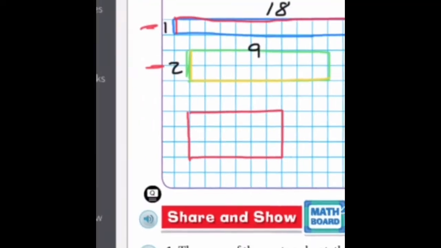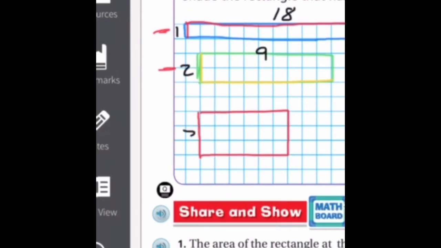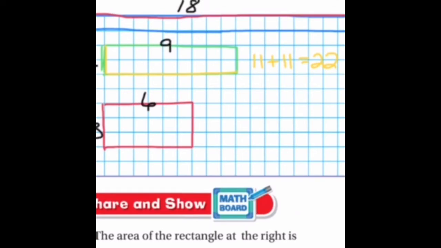There we go. I label it. A height of 3, a width of 6, and 3 times 6 is 18. I have 18 square units as my area. Now I need to check out my perimeter, and my perimeter is 3 plus 6. That gets me halfway around. 3 plus 6 is 9.